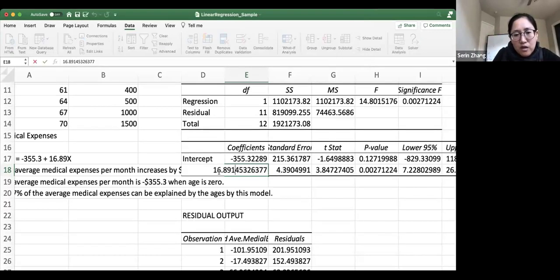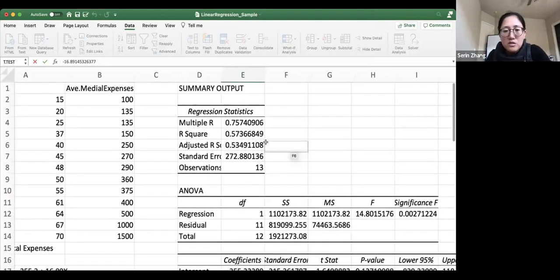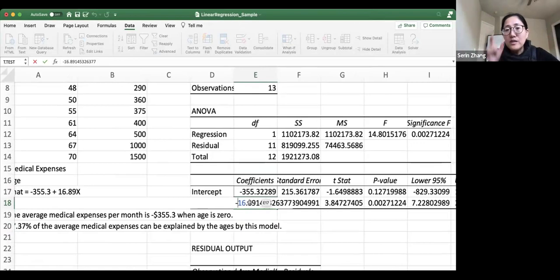If the slope is negative, you will still have just the absolute value in multiple R, so you have to put the negative before Pearson's R.